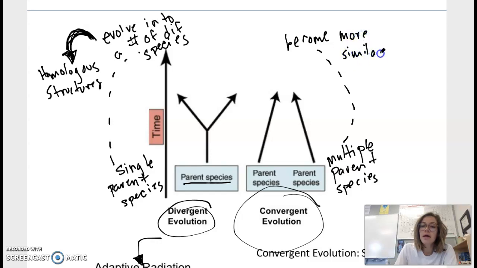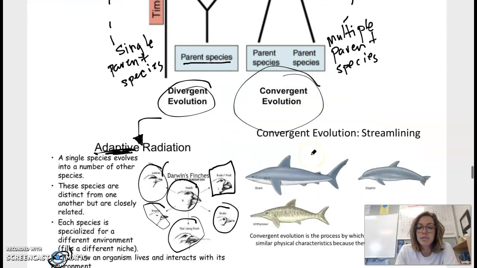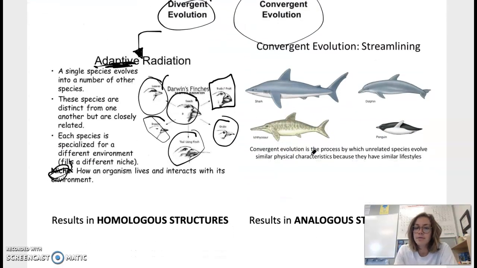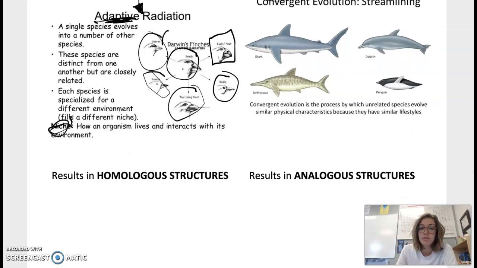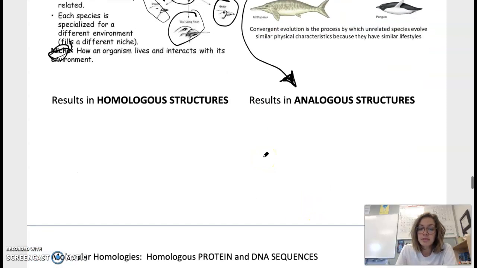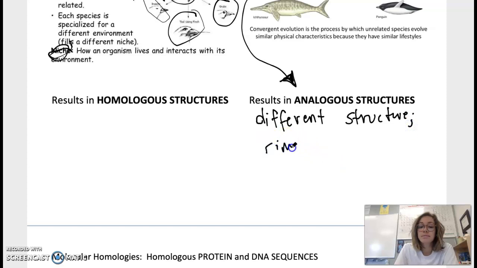However, since they have different parent species, you're not going to get those same bone structures. So analogous structures, so this convergent evolution results in this analogous structure, and that's going to be different origins. So it's going to have a different structure. Similar function now.